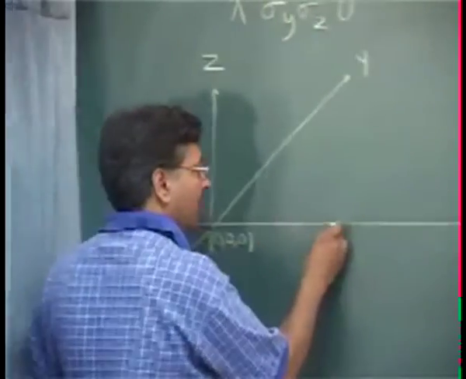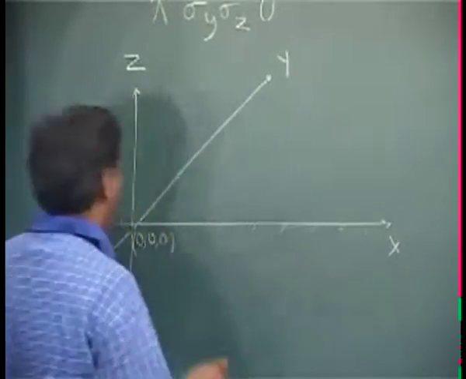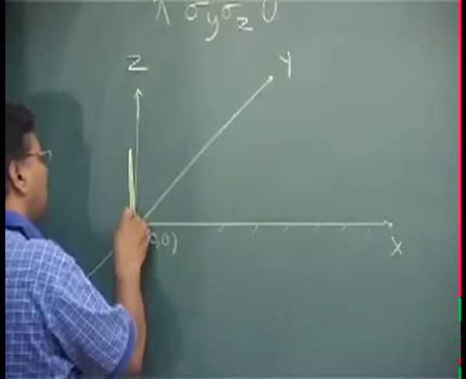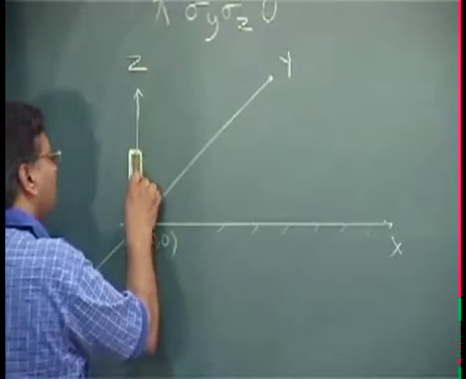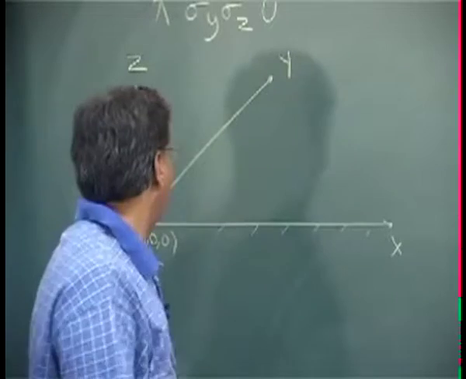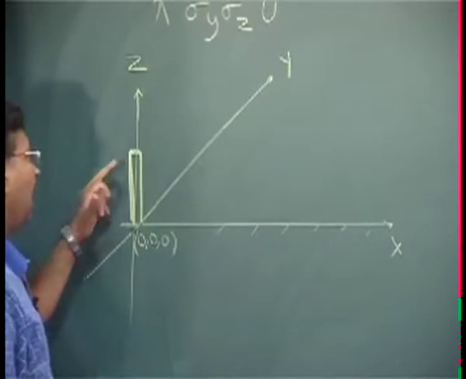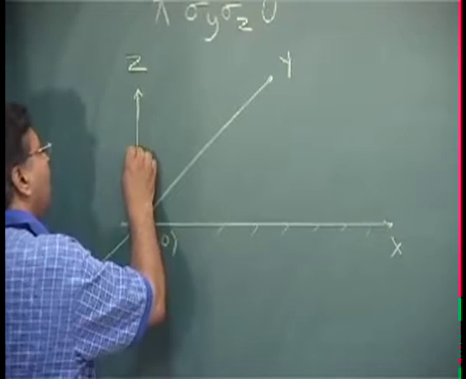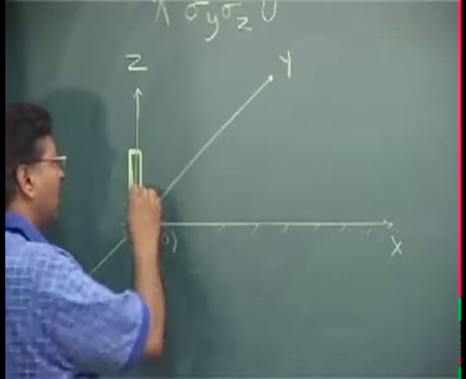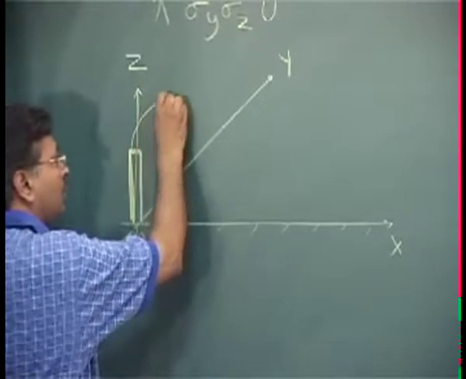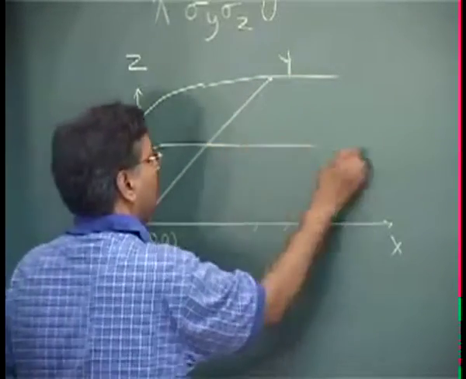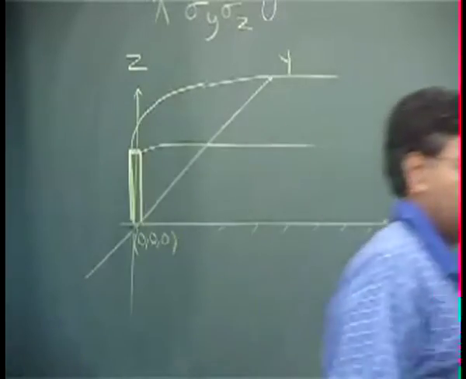So if this is my ground level, my source, which is a chimney, is a little elevated, and when the emission takes place, the plume in general might look something like this.